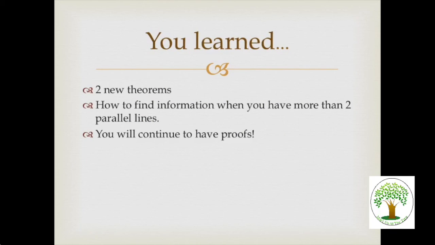We added 2 new theorems. This was the last one. We learned how to find the information when you have 2 or more parallel lines, and you will continue to have proofs, and they're all going to have plans except for one. The proof on your quiz will have no plan. All right.